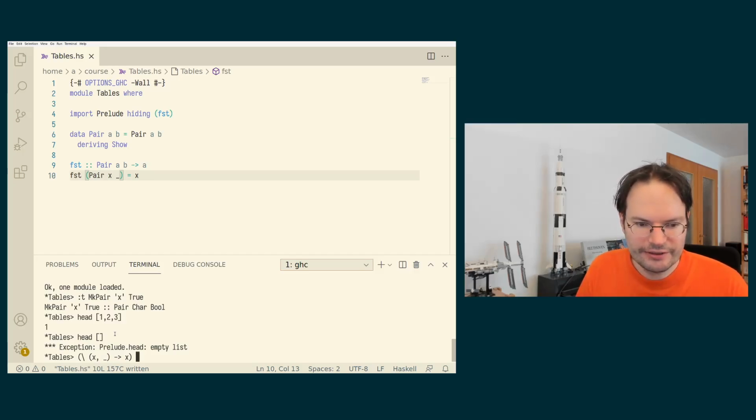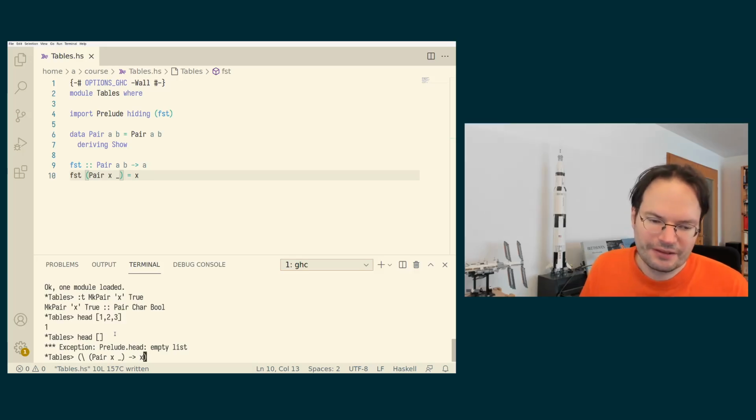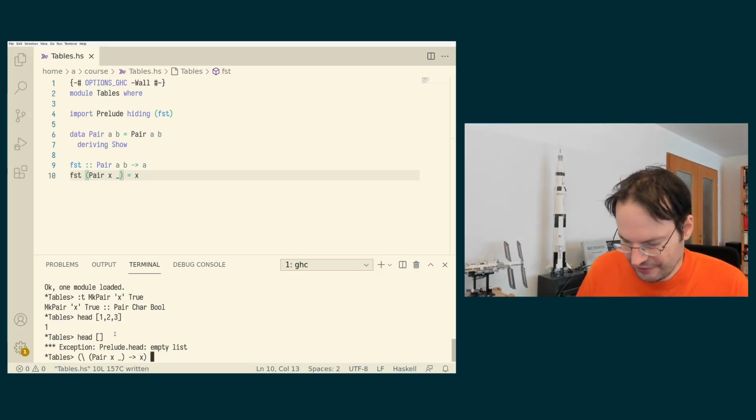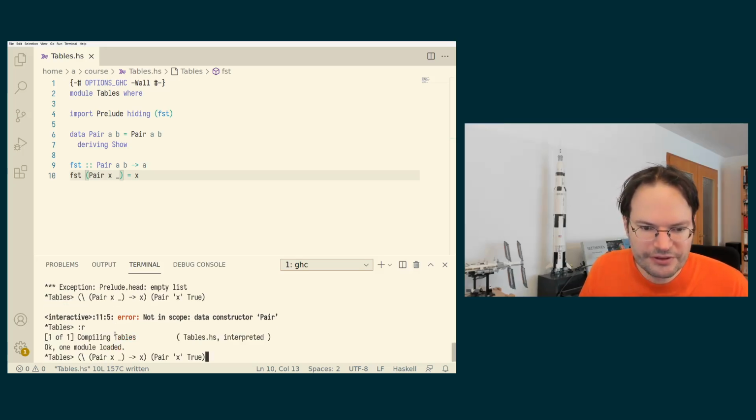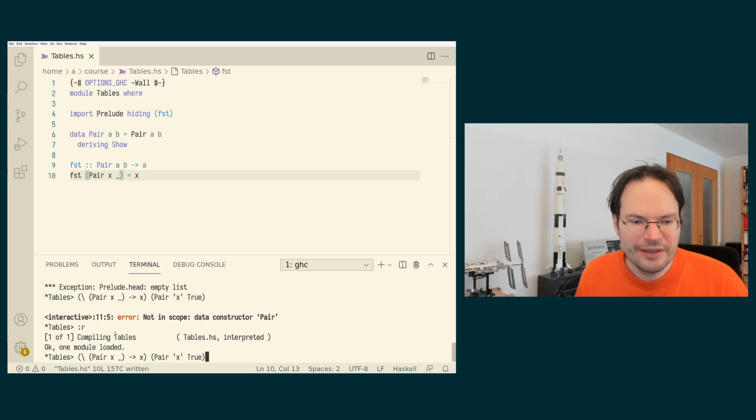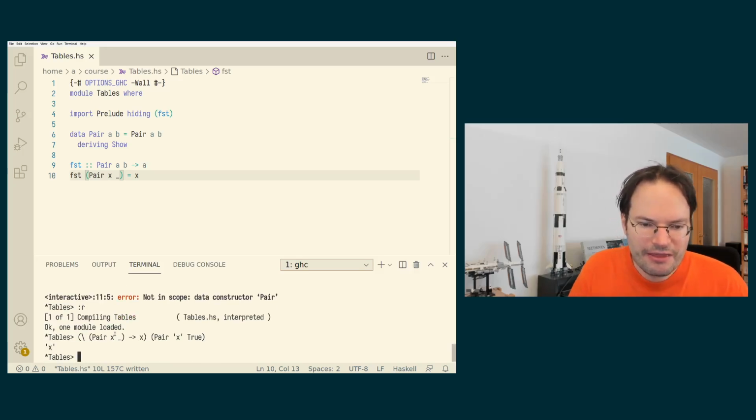And if I apply this, now I've gone ahead and used the built-in syntax. We could have used pair x underscore, okay? And if I apply this to a pair of x and true, I have not reloaded here since making this renaming between make pair and pair, then it will correctly extract the character here.